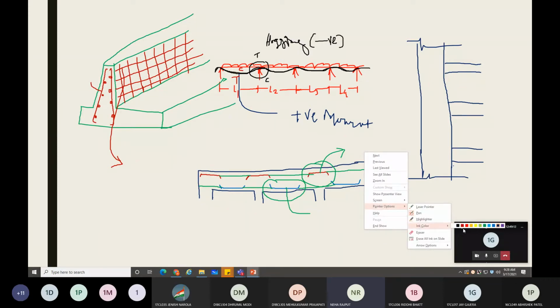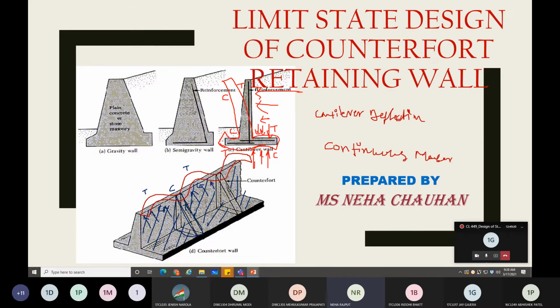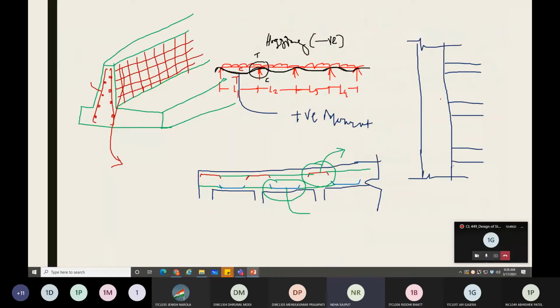Whatever reinforcement we are going to find, that tension reinforcement at support, the tension at support is at the bottom, so you are going to place the main reinforcement for the support at the bottom, meaning the horizontal reinforcement.